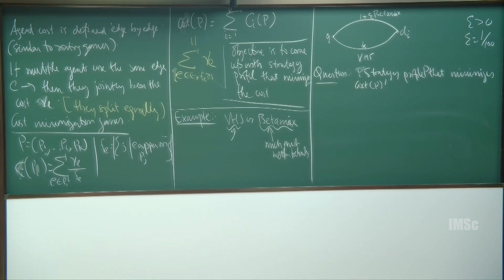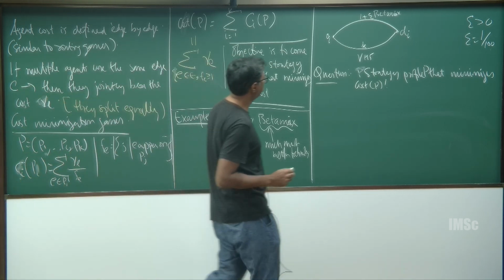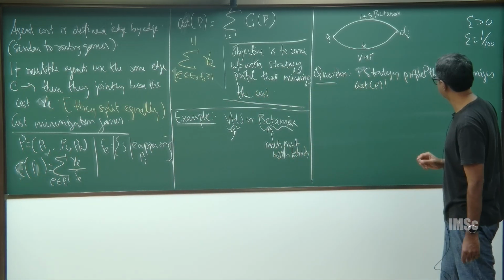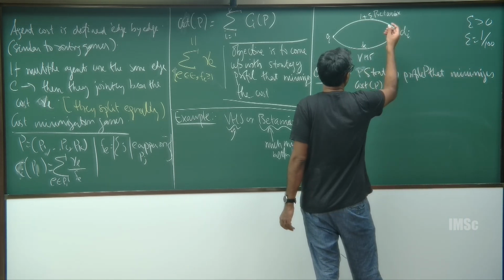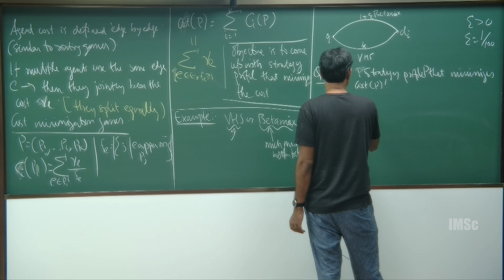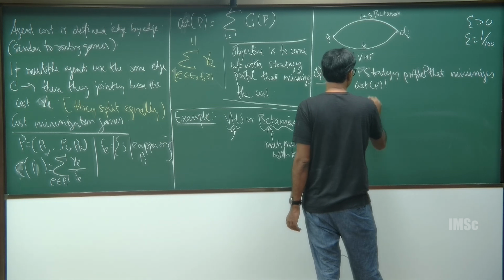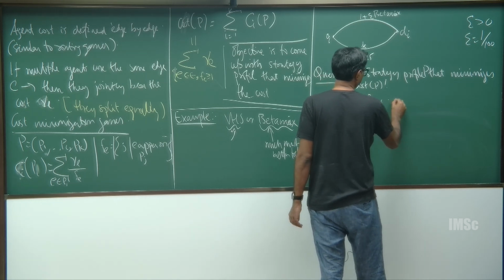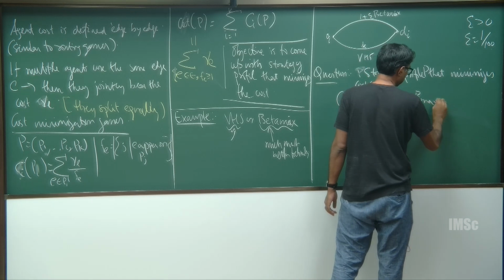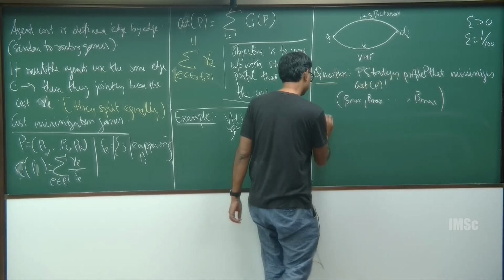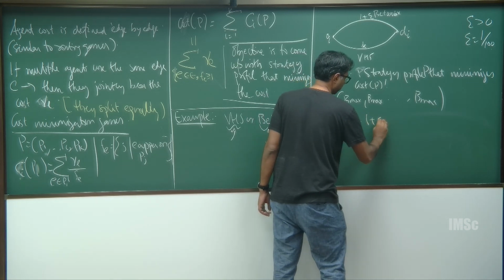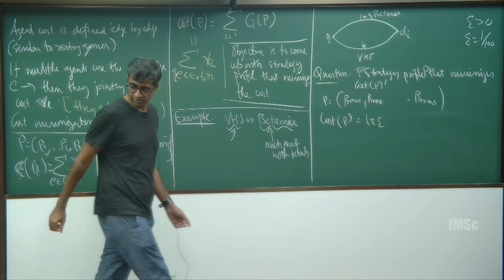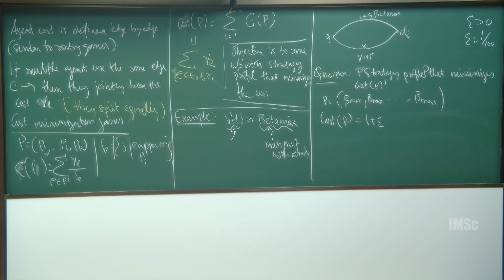So, the optimum is that everybody chooses Beta max, because then the cost of this is 1 plus epsilon, right? So, this is amazing, that everybody would have chosen Beta max.